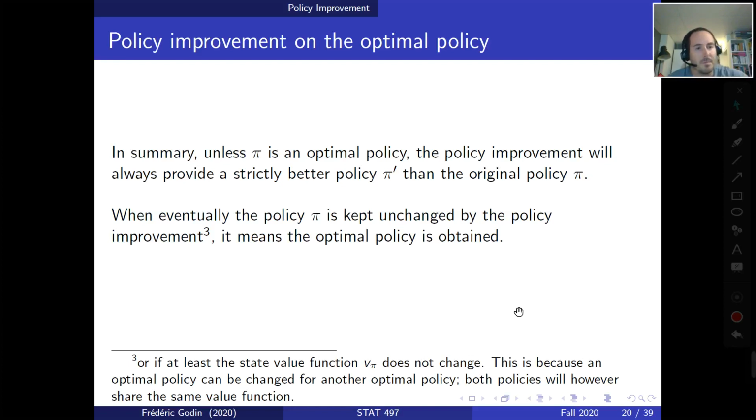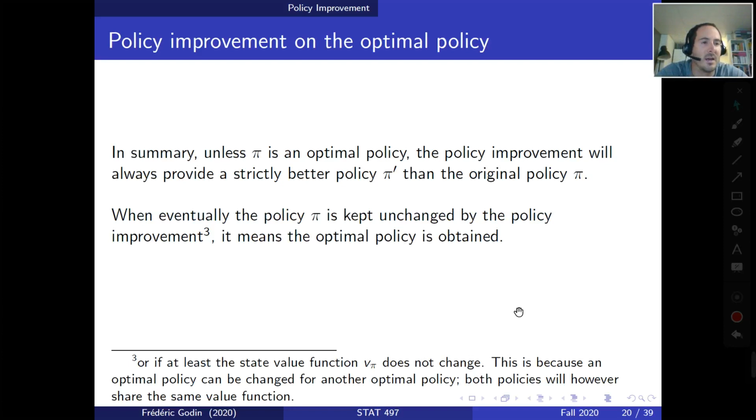So when I say eventually the policy might not change, if there is more than one optimal policy, when applying policy improvement you can get another policy through that process. Recall we said that when there are equally valuable actions, we break ties arbitrarily. So you can end up with a new policy that is different but has the same value, so it yields exactly the same value function.